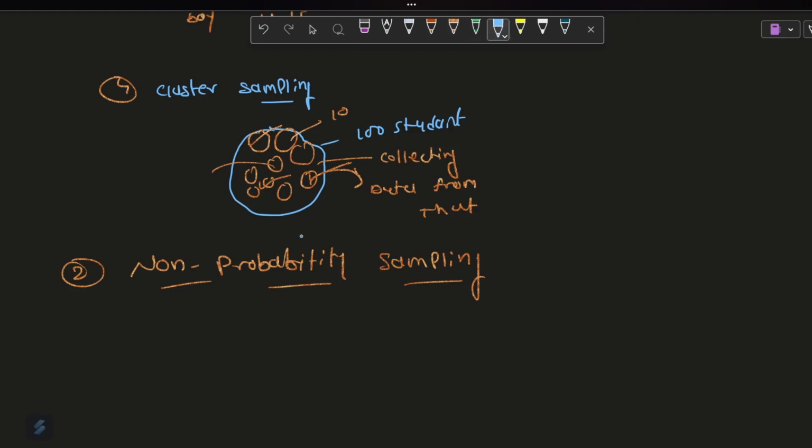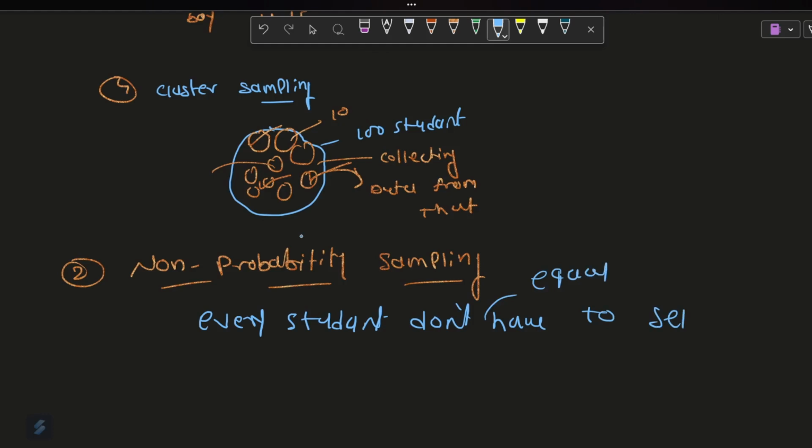Non-probability sampling means every student doesn't have an equal chance to be selected.